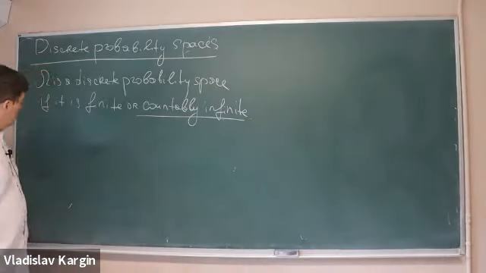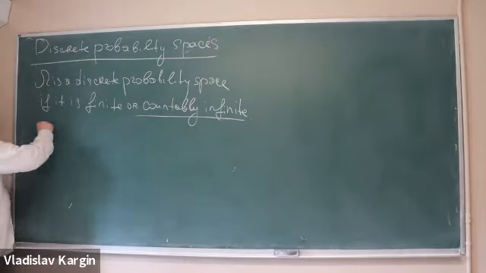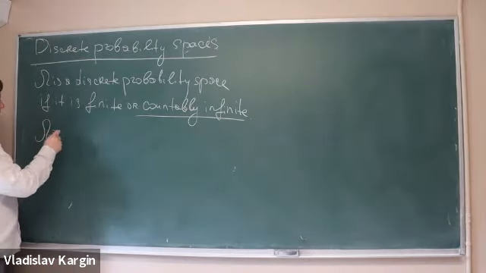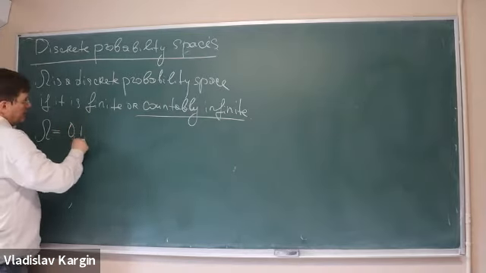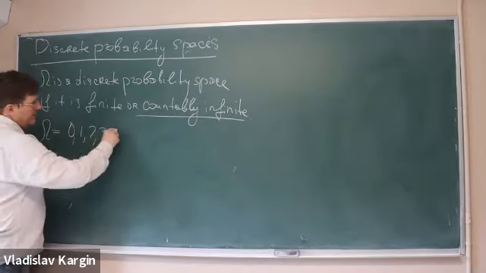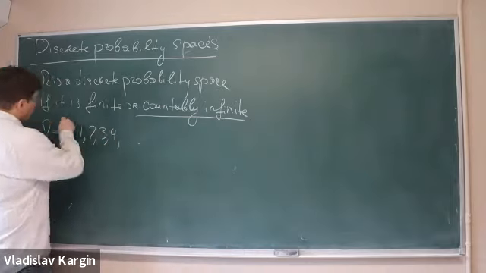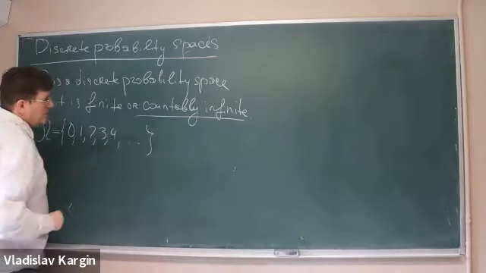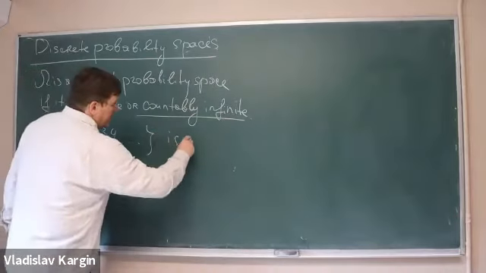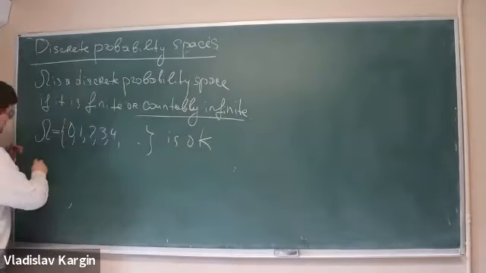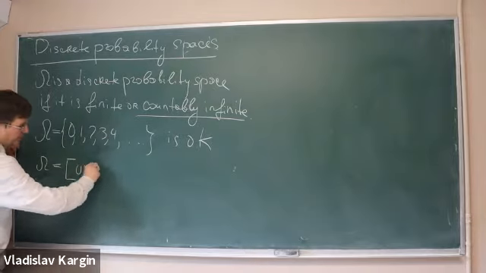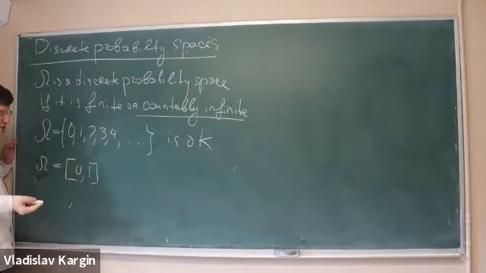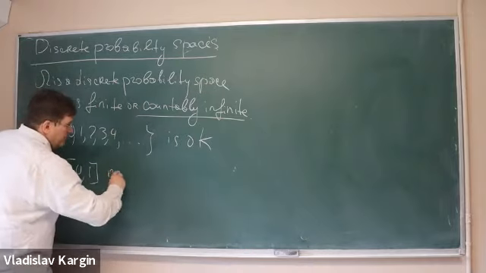So omega equal to 0, 1, 2, 3, 4, and so on is okay, right? But omega equal to the interval 0, 1 and all points in it is not okay.